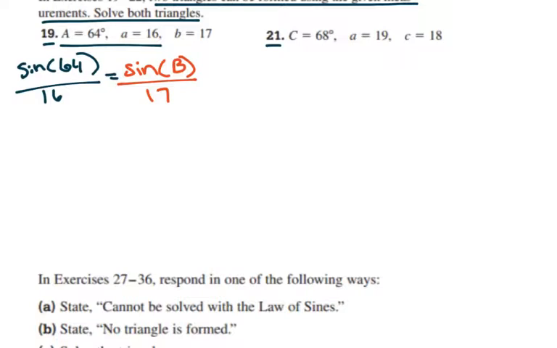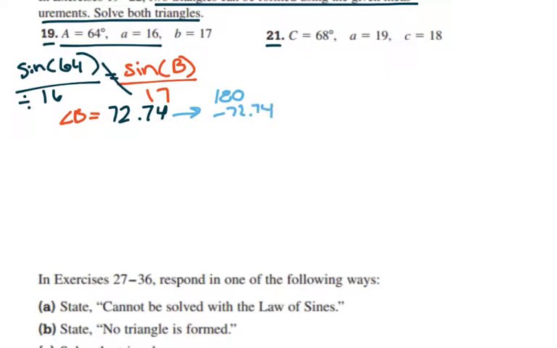And so in order to solve for angle B, we're going to end up getting sine of 64 times 17 divided by 16, but then the sine inverse of that, which gives you a 72.74 degree measure for angle B. But then the alternate angle B is going to be 180 minus 72.74.